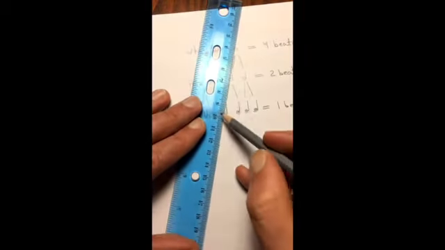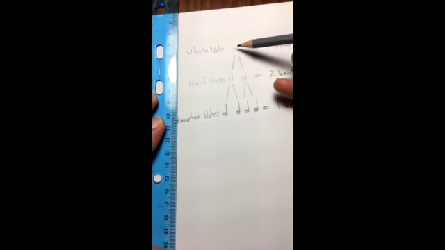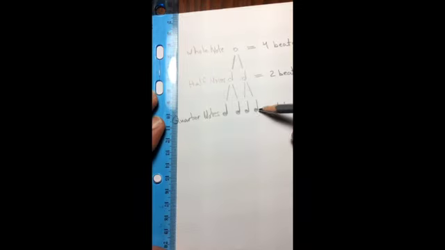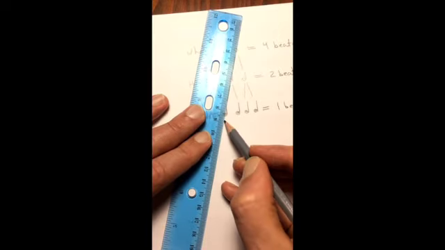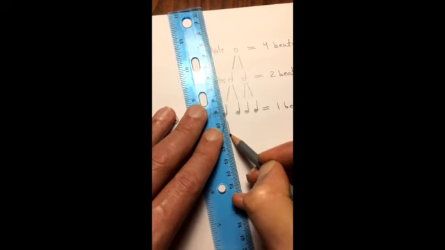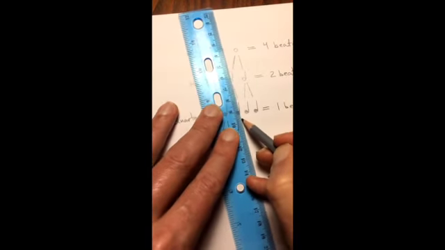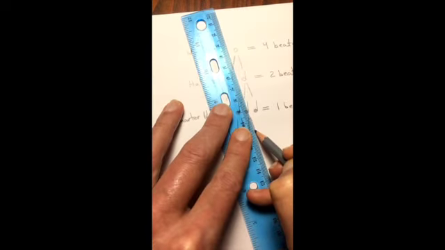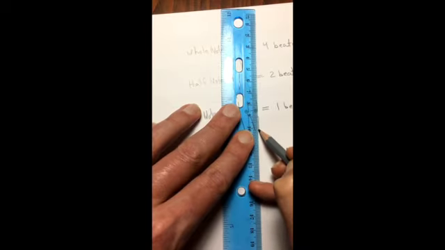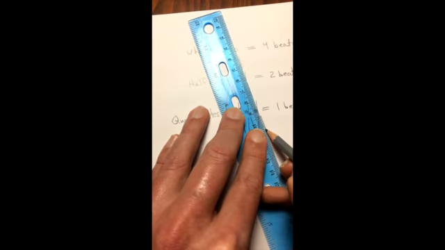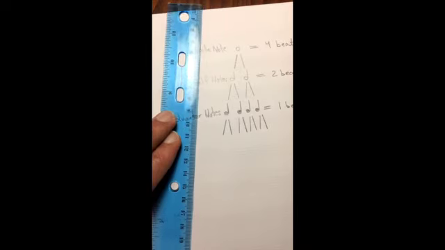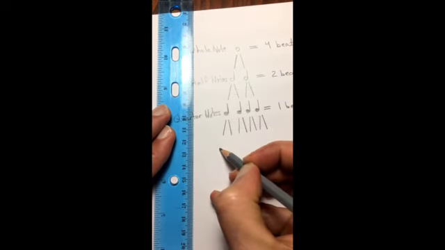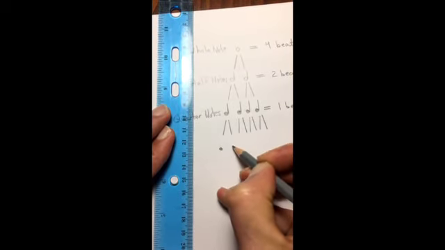So we see here, 2 half notes make 1 whole note if I were to glue them together. 4 quarter notes make 1 whole note. Now I'm going to do another subdivision here. And these, I'm going to draw the dots first, then put in the stems with my ruler.